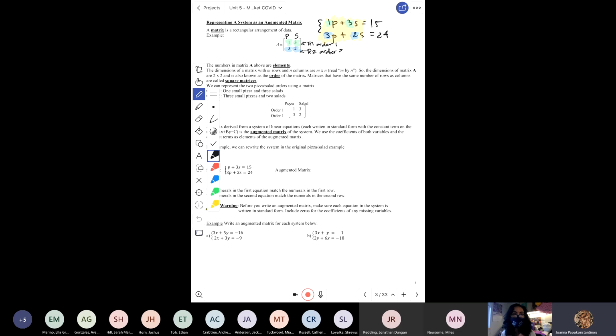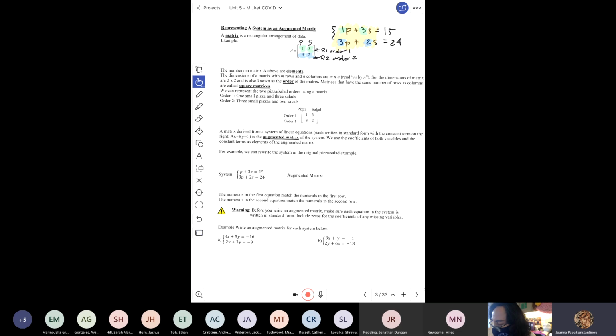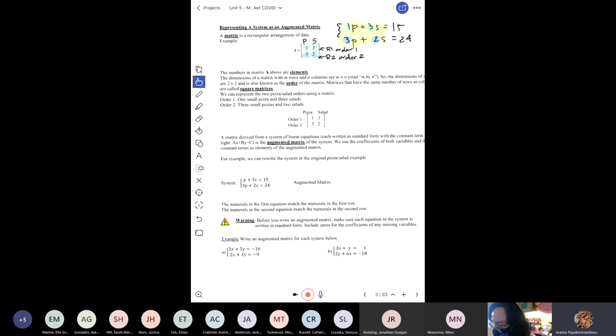So when we create a matrix of data, each of the things in the matrix are known as elements. Each of those numbers, and we'll notice that they don't have to be numerical, but in this case, we're dealing with numbers. Our data can be all sorts of things. But in our matrix, each of these entries are known as elements.